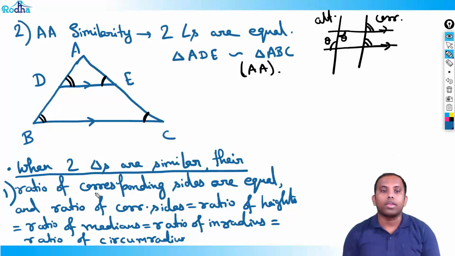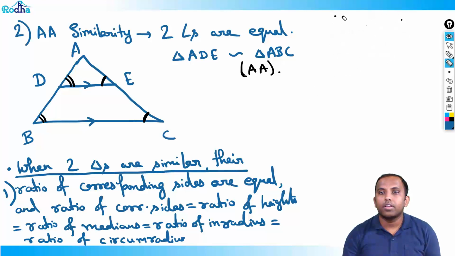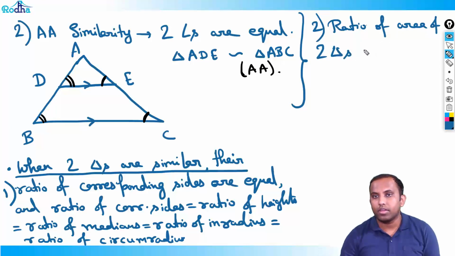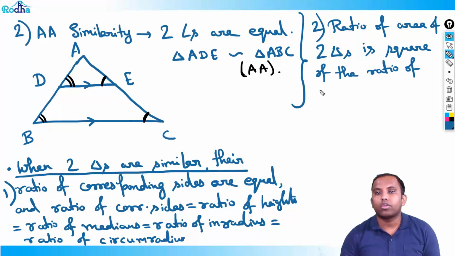Now the second point will come. Let me write here. When two triangles are similar, this is the first point, and the second point is that the ratio of the areas of two triangles is the square of the ratio of corresponding sides, and heights, because the ratio of corresponding sides is equal to the ratio of heights and all.